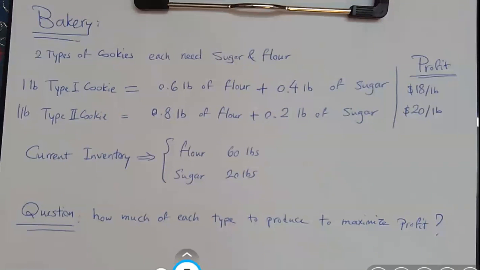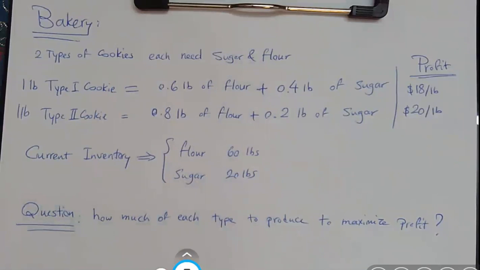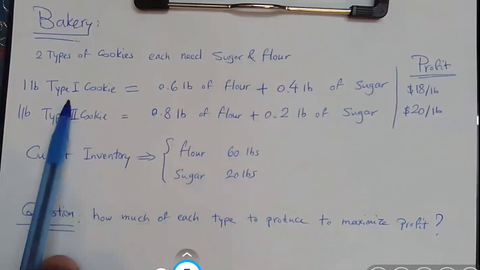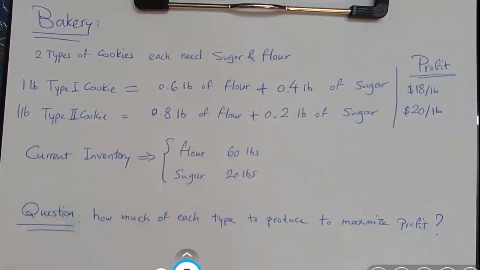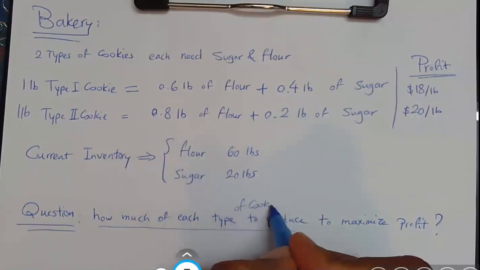I'm going to assign two variables, one for the amount of type 1 cookie that we want to produce, and one for the amount of type 2 cookie that we want to produce. So the question is how much of each type of cookies to produce?